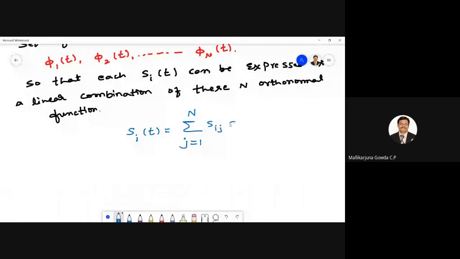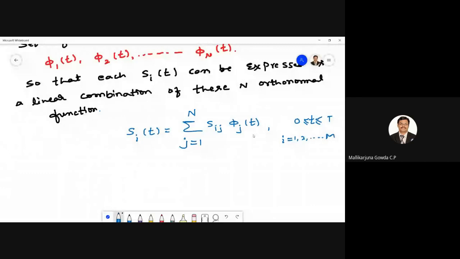The value of i can vary from 1 to m. The value of j can vary from 1 to n, and this exists over the interval 0 to T, so t will be less than or equal to T and greater than or equal to 0. That is the time interval. And i can vary from 1 up to m.